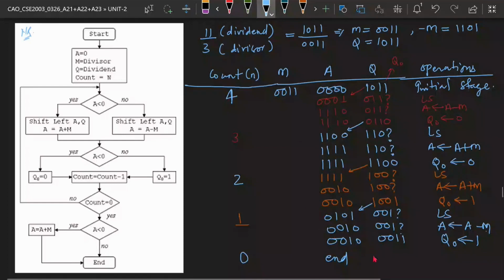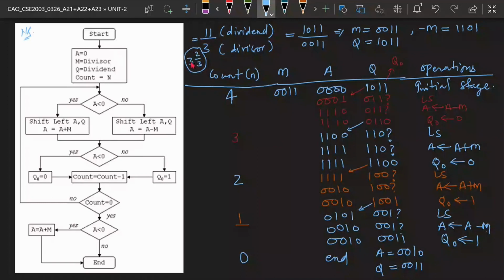So once it is end, A is storing 0 0 1 0, and Q is storing 0 0 1 1. So you can just see, once we divide this 11 by 3, it will be going for 3 times, and 2 will be the remainder. So 3 will be the quotient and 2 will be the remainder.